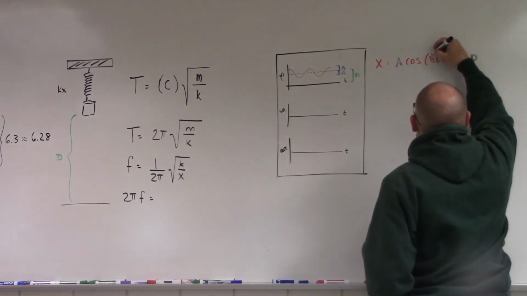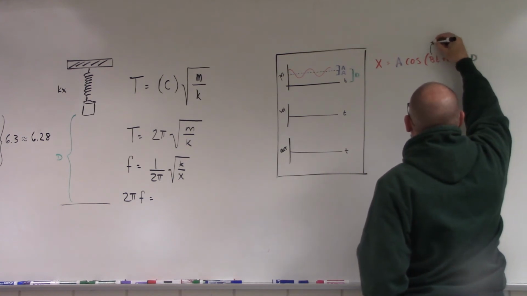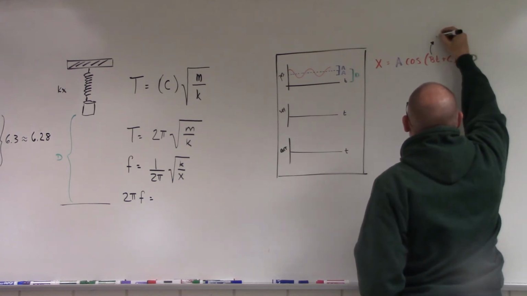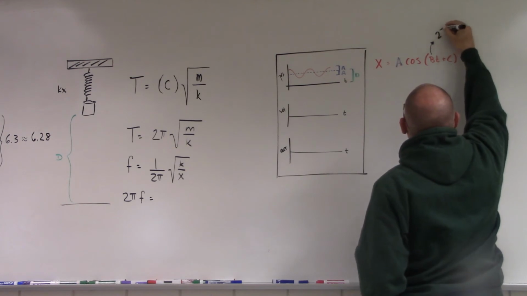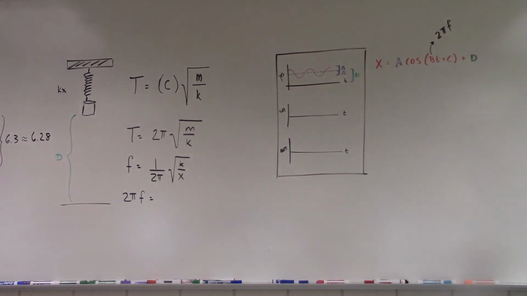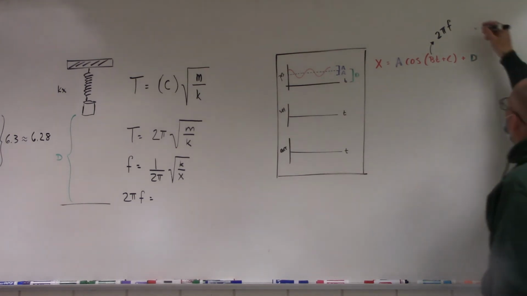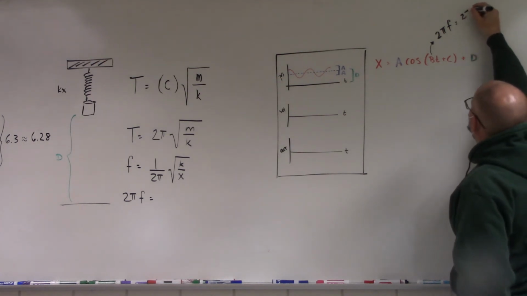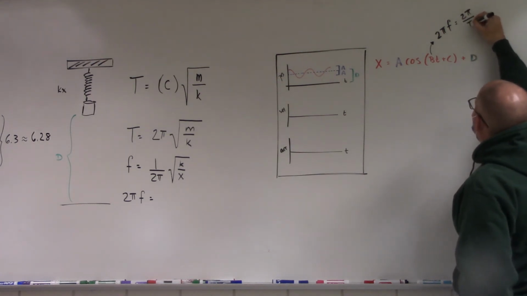All right. It turns out that this B value right here is equal to 2 pi times the frequency. Now, what's interesting about that is that it's also equal to then 2 pi over the period.